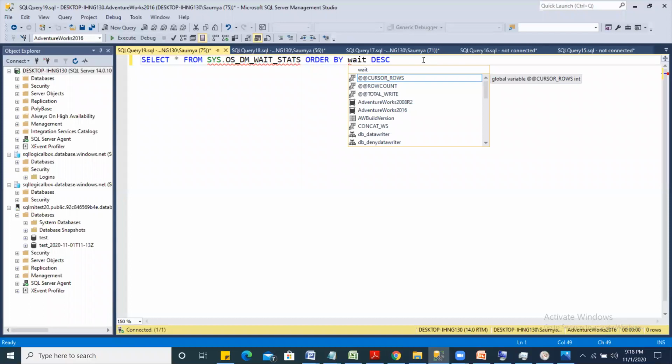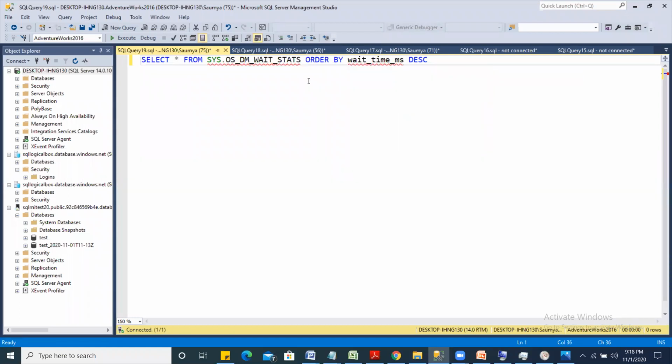That is the total waiting time. Why is it not coming? Select star from sys.dm_os_wait_stats.